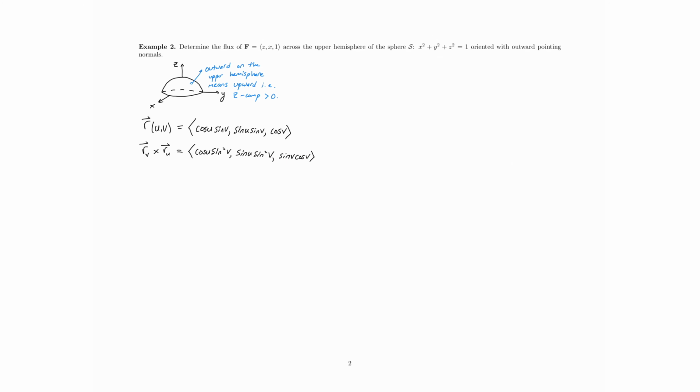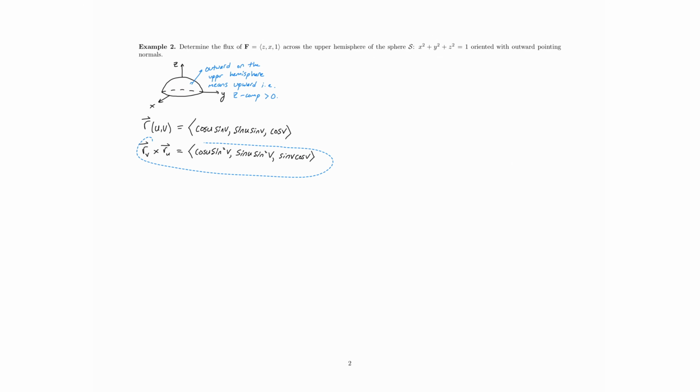And we can check here that this z component is in fact positive because the parameter v only ranges from this angle here, which is an angle of 0, all the way down, if you think of tilting this continuously, to this angle here, which is a right angle, pi over 2. So let's be real specific here.